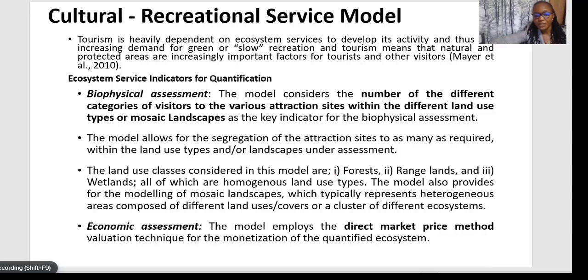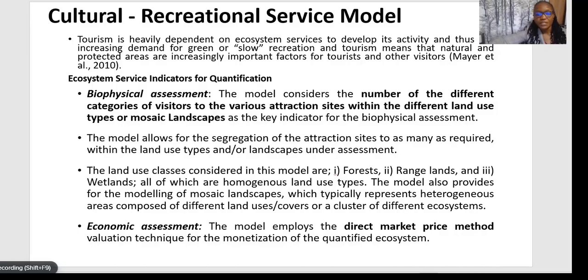So based on that, then we developed this mosaic landscape to be able to capture all ecosystems or all landscapes that have more than one attraction site, and they are monitored individually and revenues captured per those particular attraction sites. A mosaic landscape, of course, represents an heterogeneous area composed of different land uses or cluster of different ecosystems.